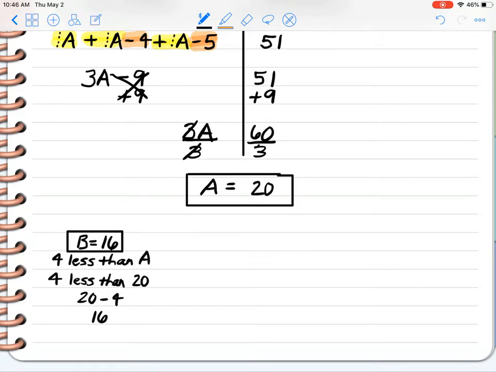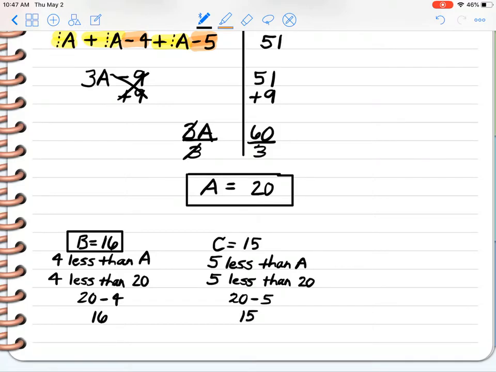And then to get C, you have to do sort of the same thing. They tell me that C is 5 less than A. So that is 5 less than 20. Because remember, we found A to be 20. So 20 subtract 5 is 15. C is 15. Okay.